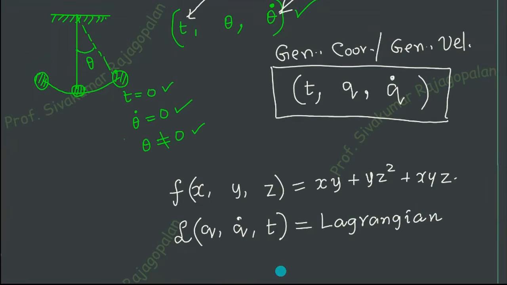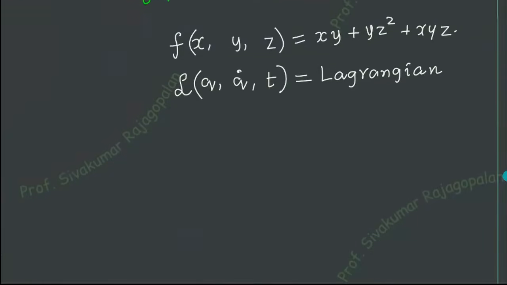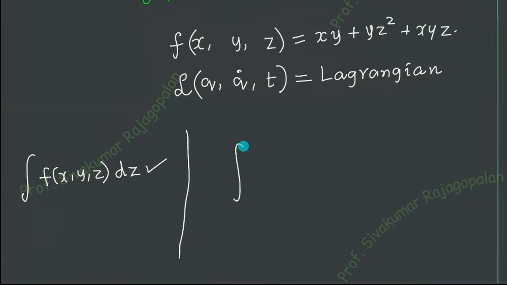And now you understand that if this is the Lagrangian, then if you have a function like this, you know how to integrate. If I give you a function and say that, okay, this is the function that you are having, f of x comma y comma z, evaluate with respect to dz, you know how to do the integration. Similarly, you can perform the integral of L of q comma q dot comma t with respect to dt, and of course this is from time 1 to time 2.